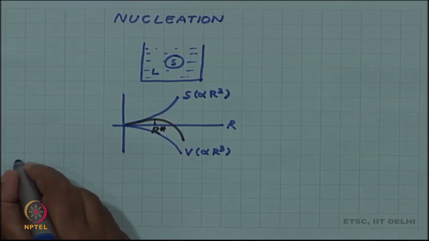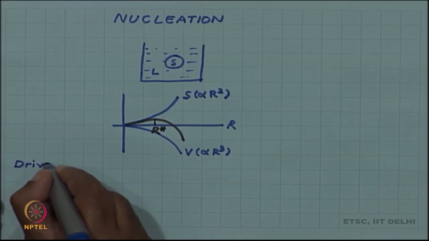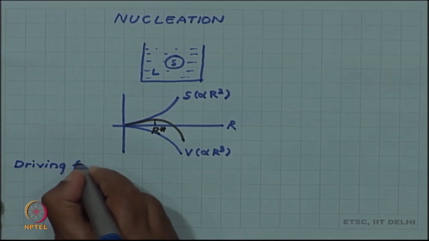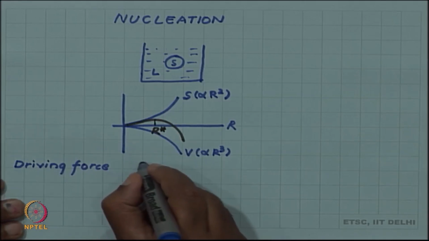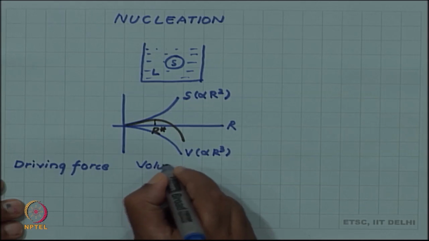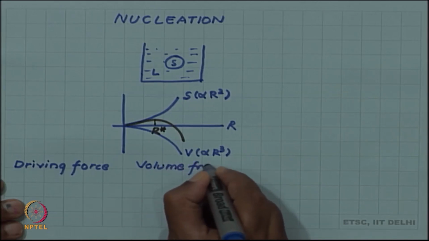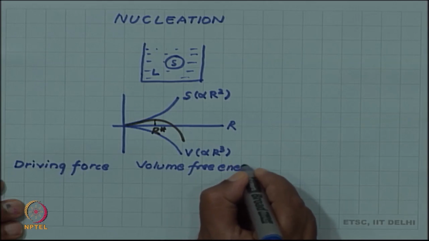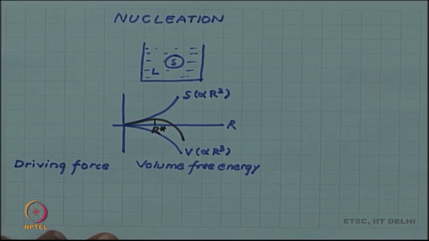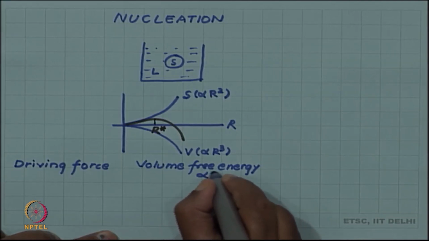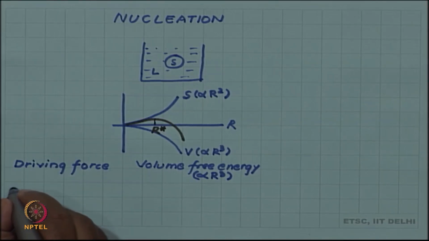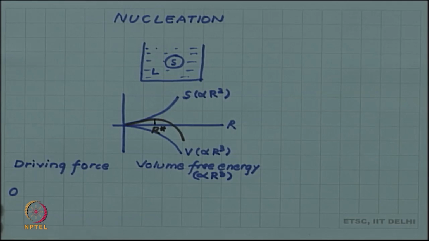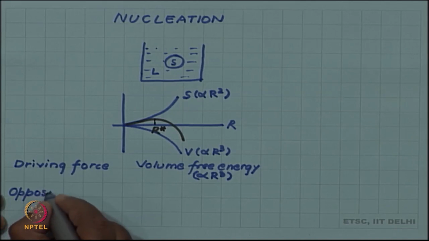So, we see here that if we try to write the various competing energies, there is a driving force which is the volume free energy, and this is proportional to R cube. But there is also an opposing or a barrier term. Let us call it opposing force.